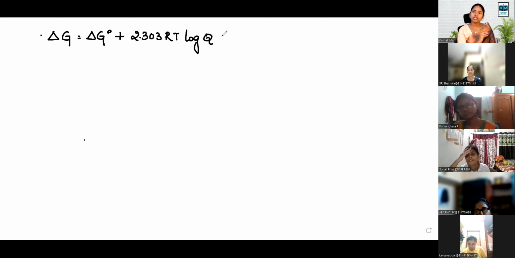But what is the condition? Delta G is 0 at equilibrium.